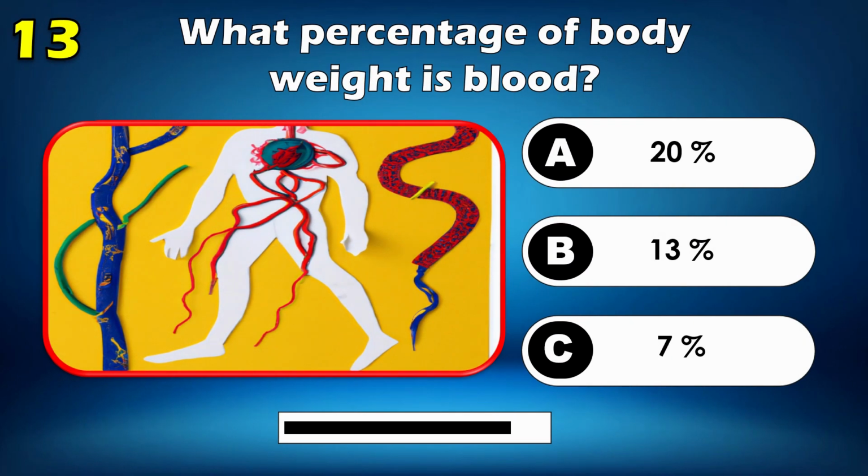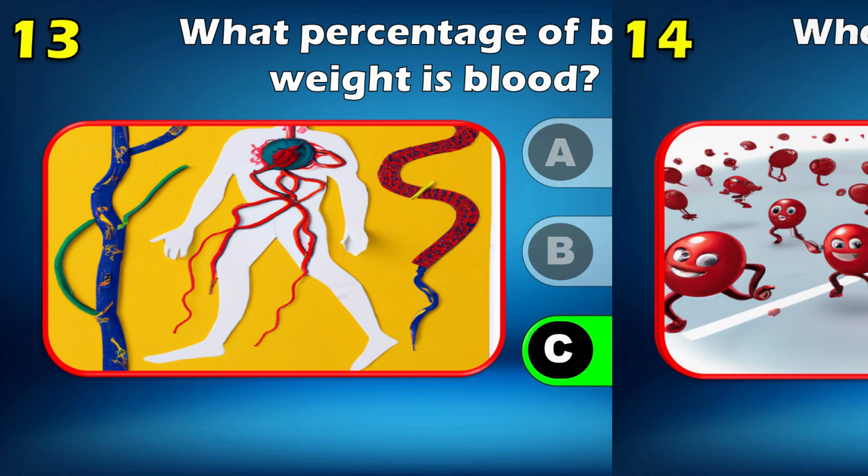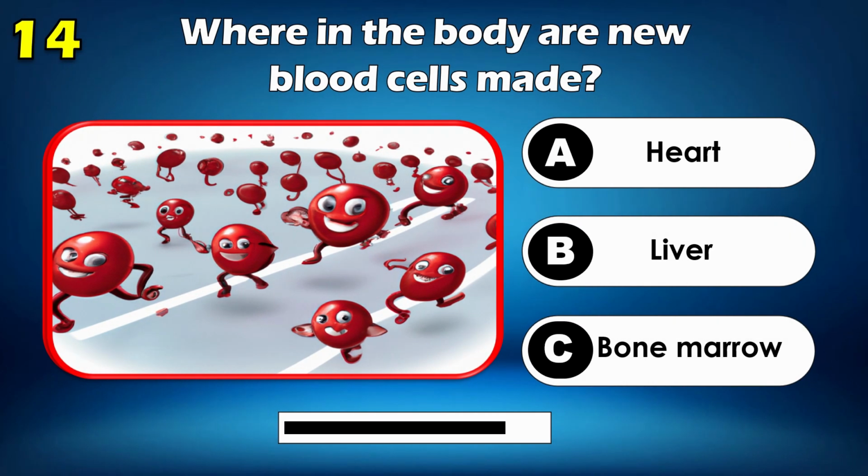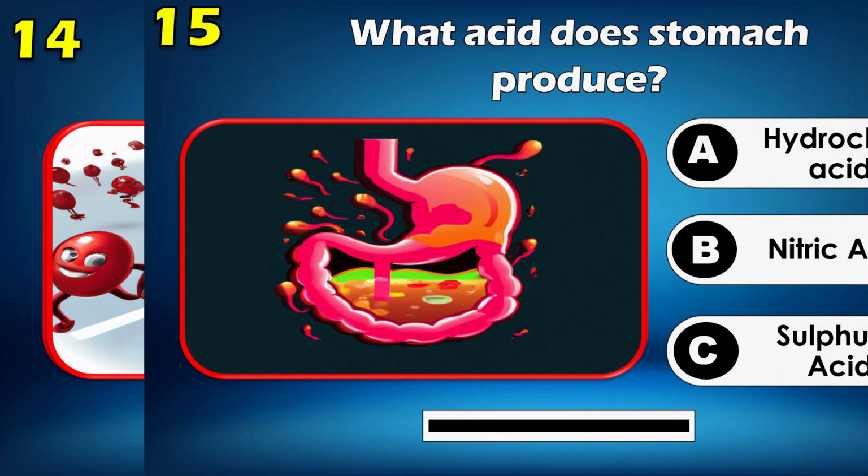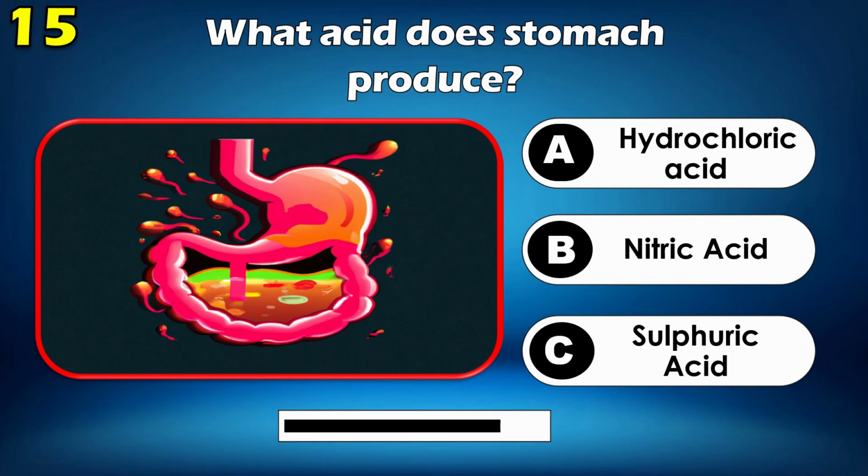What percentage of body weight is blood? 7%. Where in the body are new blood cells made? Bone marrow. What acid does stomach produce?